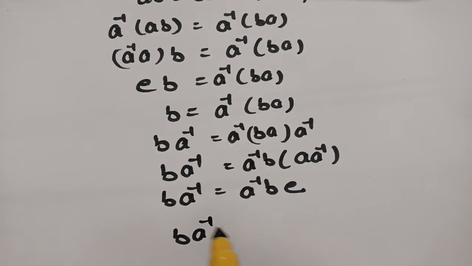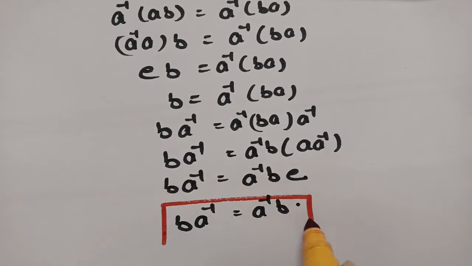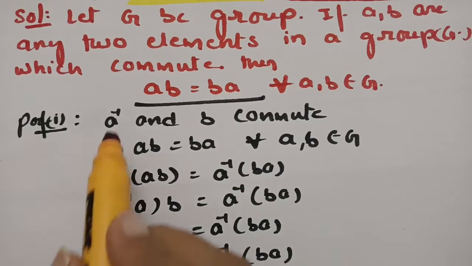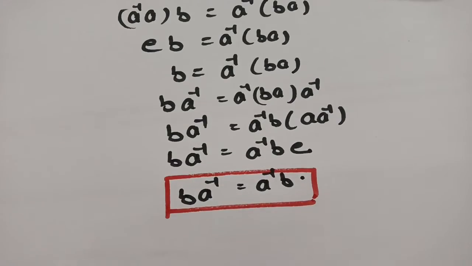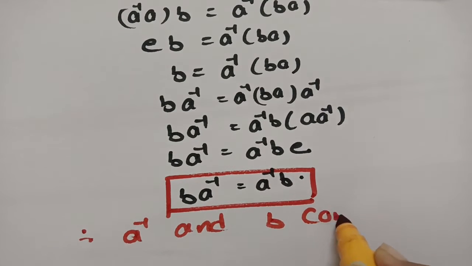So BA inverse is equal to A inverse B. If you observe this, B into A inverse is equal to A inverse B. So we say that A inverse and B commute with each other. Therefore, A inverse and B commute.